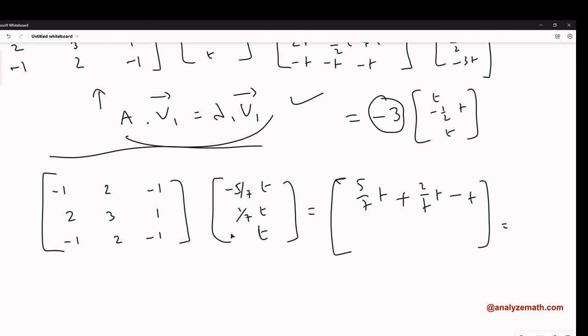Now let's do this row by this column. So minus 10 over 7 t, and then plus 3 over 7 t, and then plus t, plus t. Good. And then the last row with the same column: minus 5, so it's plus 5 over 7 t, and then plus 2 over 7 t, and then minus t.